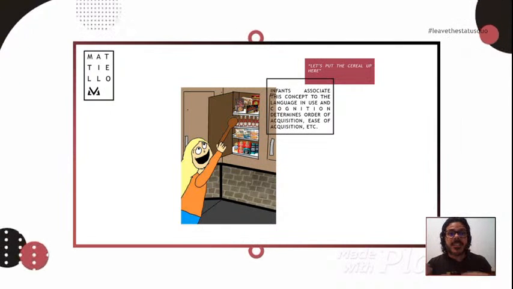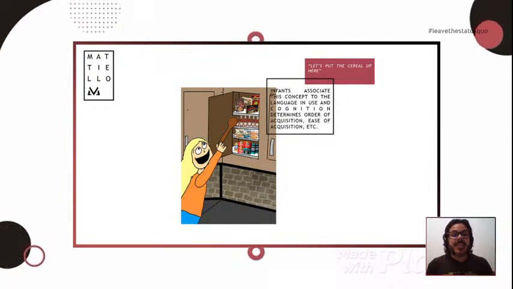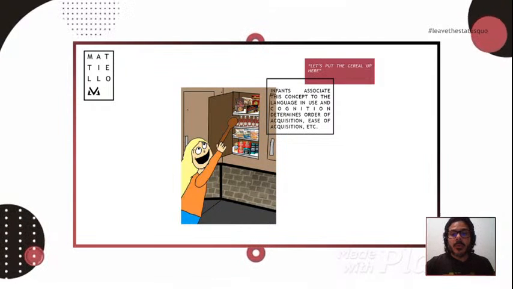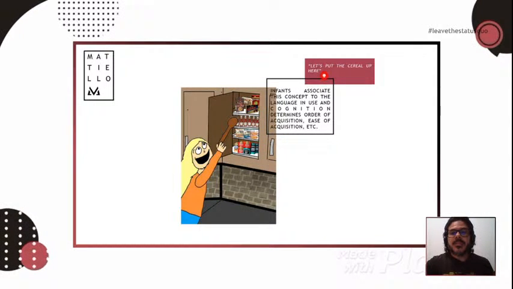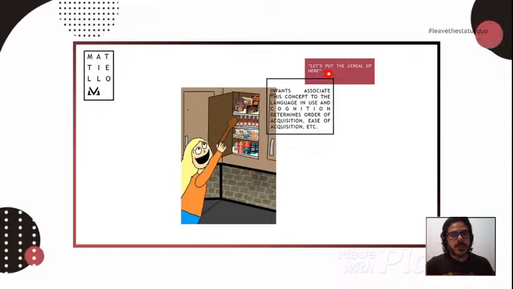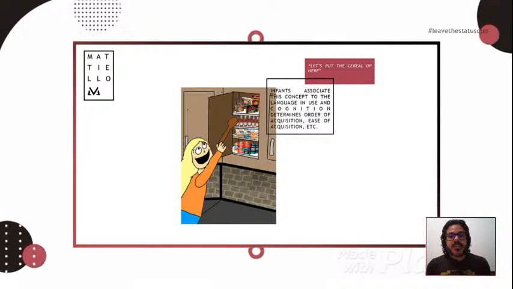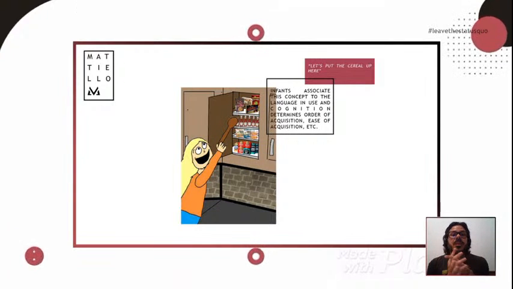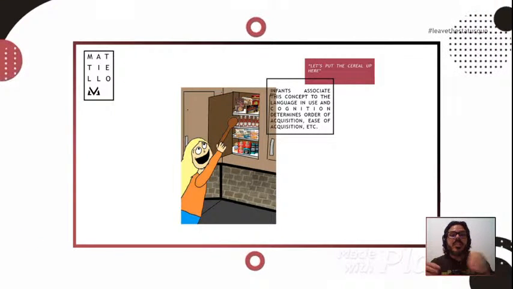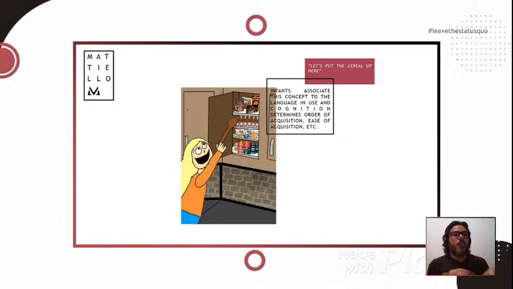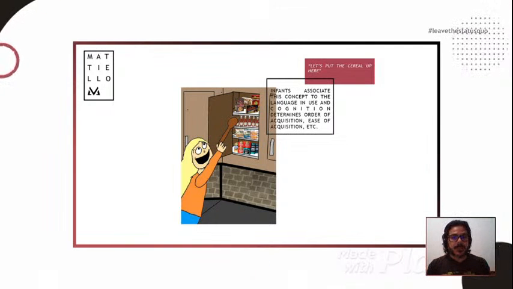Okay, and it's the same with the sentence that I have here: "Let's put the cereal up here." So what infants are going to do here is associate all these things that are being performed and said in front of them.